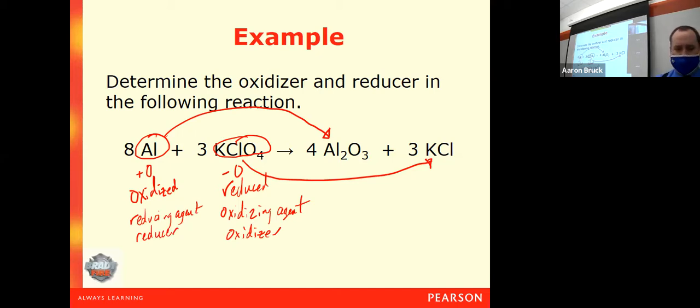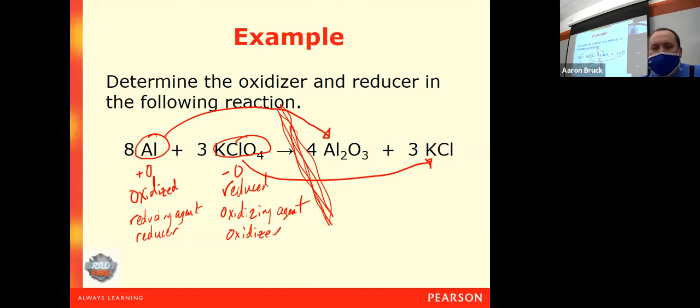Now notice, everything that we talked about here is on the left-hand side of the equation. Terms like oxidation and reduction, oxidizer and reducer, they are used to describe reactants in our chemical equation.